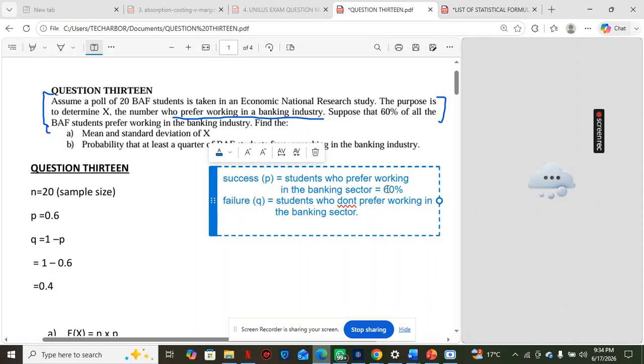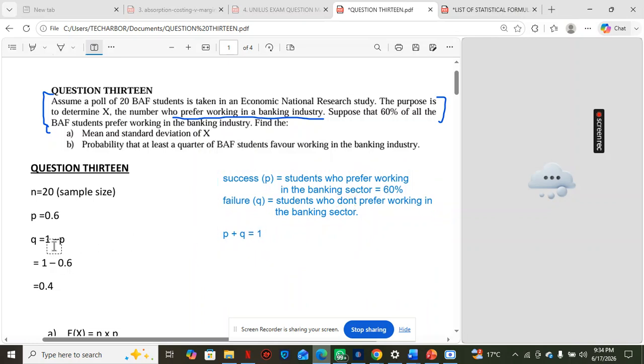So we need to know this probability. Remember, the probability of a success P plus the probability of a failure equals 1. So to find the probability of a failure, Q equals 1 minus P. So 1 minus 0.6 is 0.4.